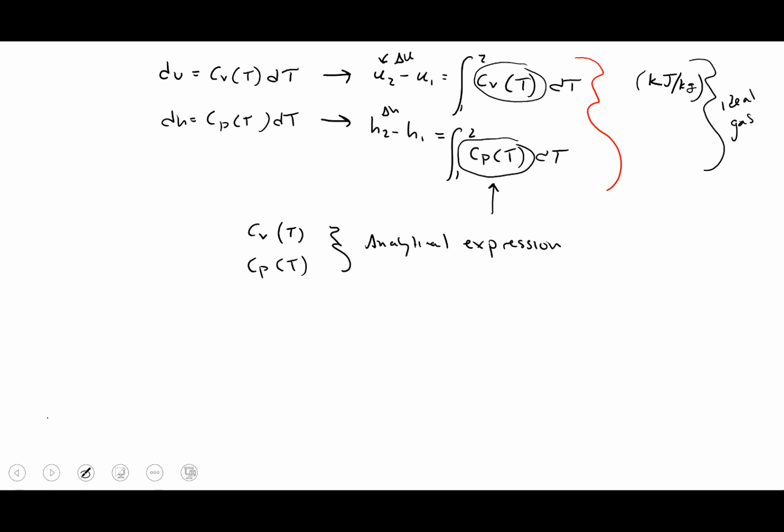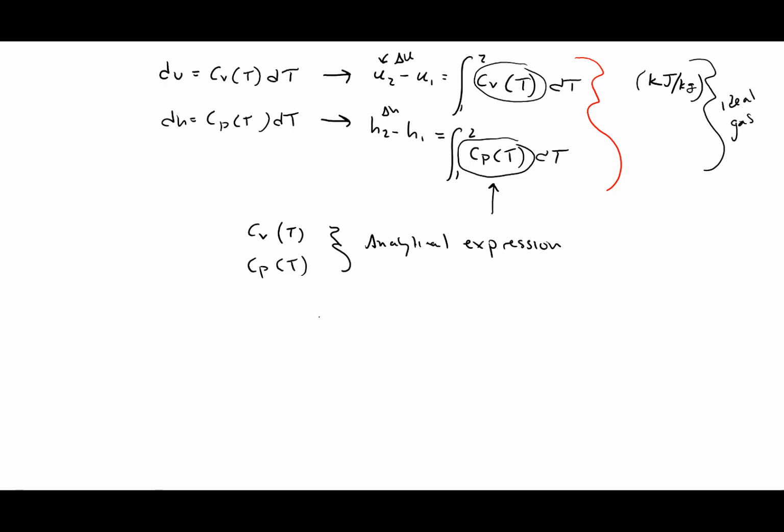So basically what we can do is say, okay, well, over a small temperature change, and this would be maybe a few hundred degrees or less, and for some gases it's even more, we can just take the average temperature and then calculate or look up the average specific heat for whatever temperature we're interested in. So if we're getting the average specific heat, it's basically going to be a constant.